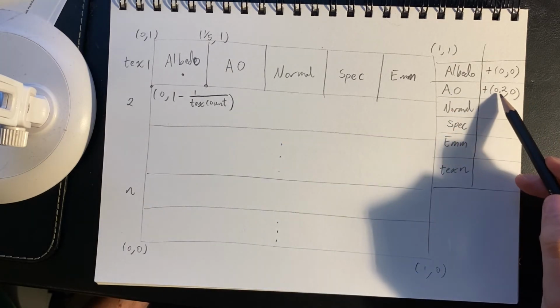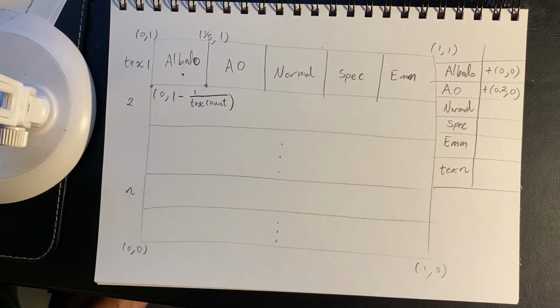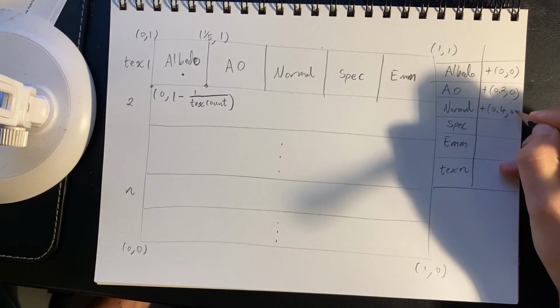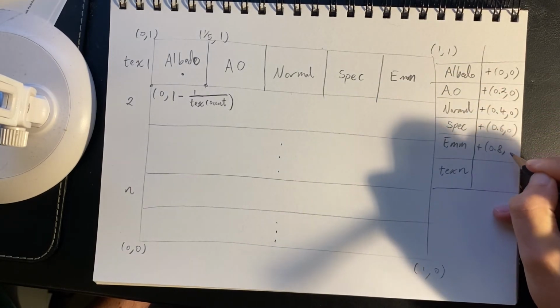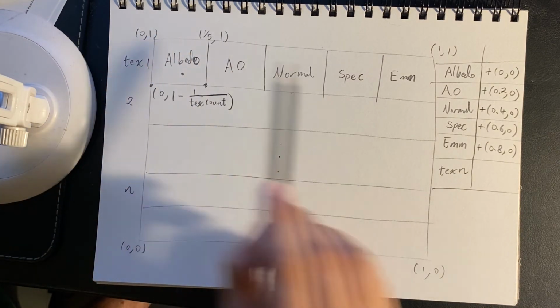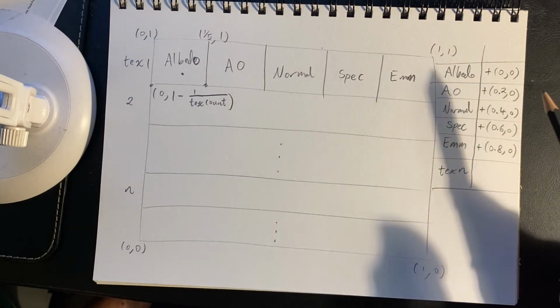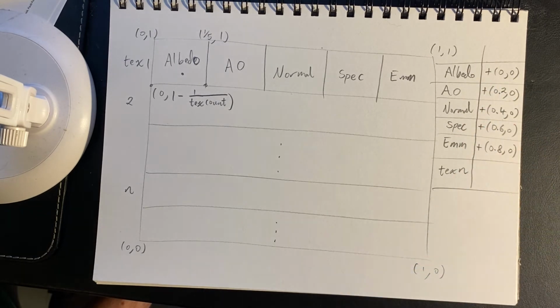This shift of 0.2 depends on how many maps we want to make per texture, and it just continues in the same way. So in other words, we can simply specify the texture coordinates for the albedo map, and then by applying shifts to those texture coordinates, we can access other maps as well.